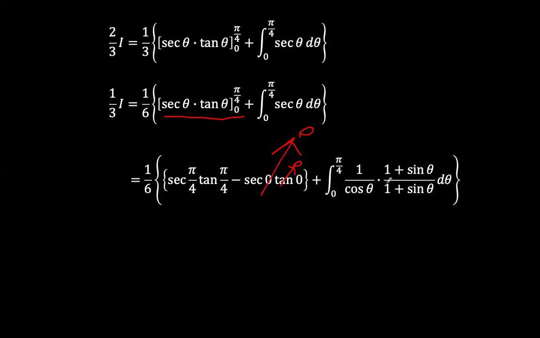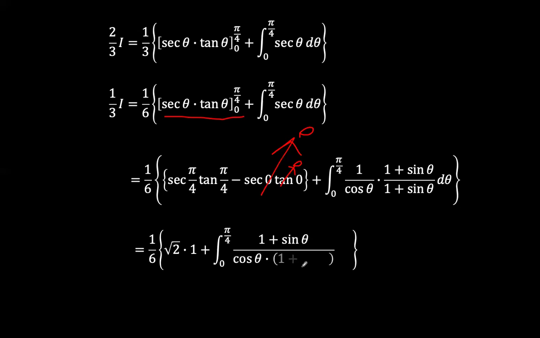Now, this integral, I can solve easily if I apply this constant here that is 1, but we express that as 1 plus sine theta over 1 plus sine theta, right? So that means that we have 1 plus sine theta over cosine theta times 1 plus sine theta.